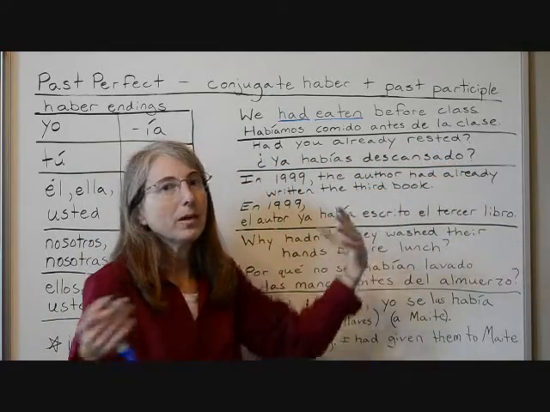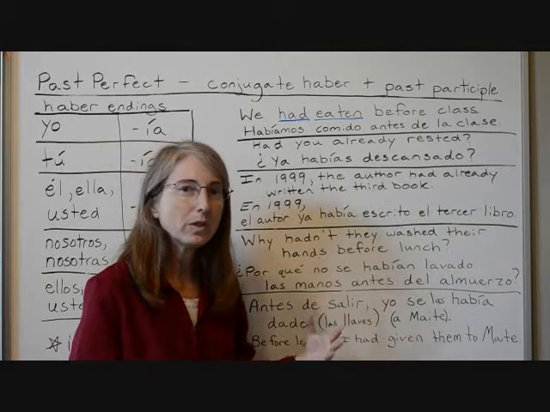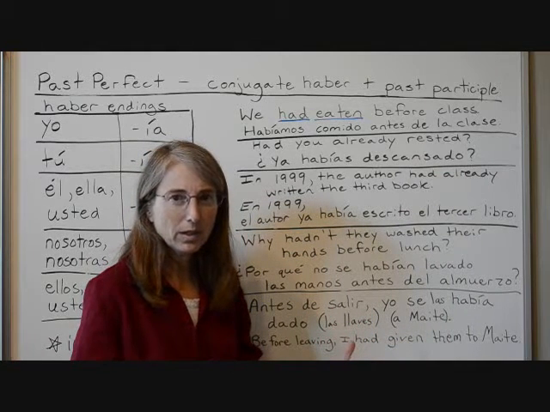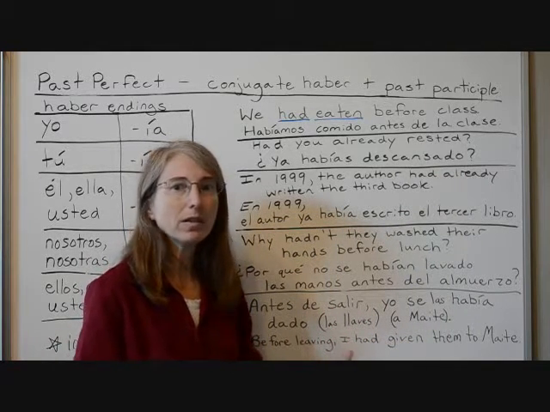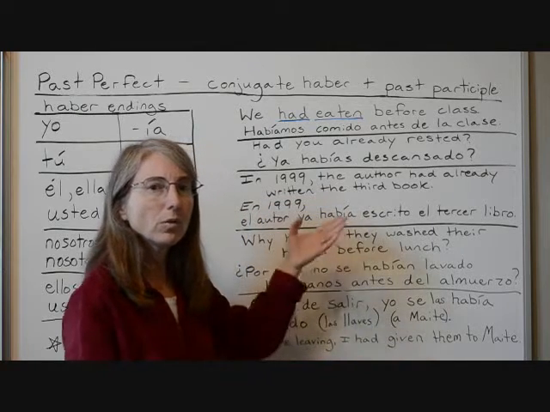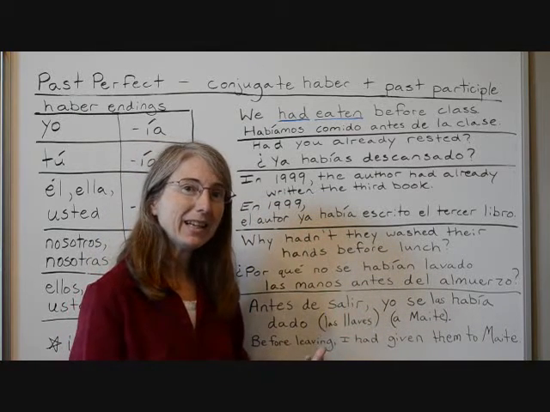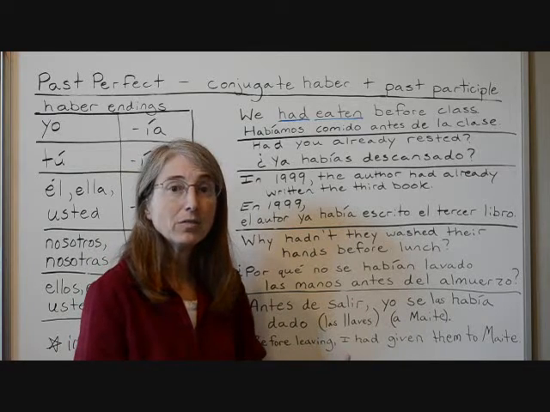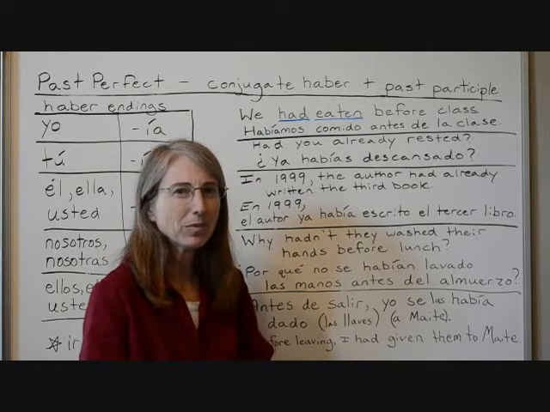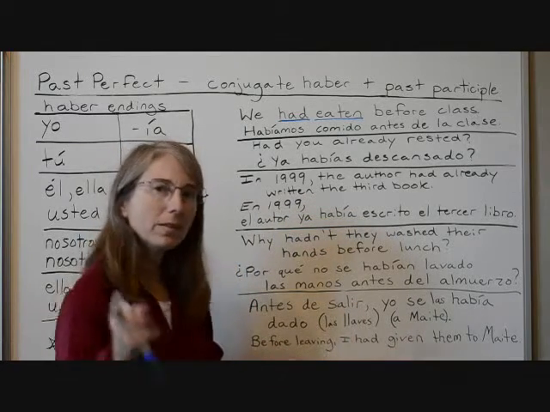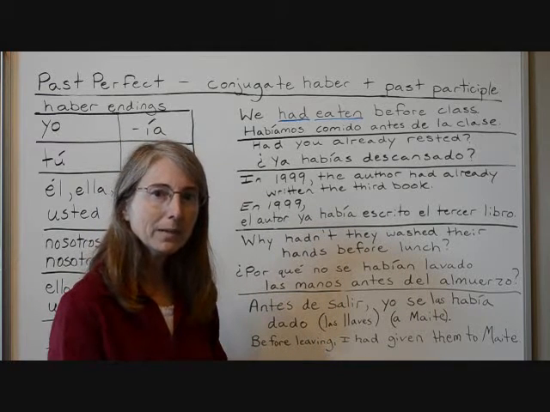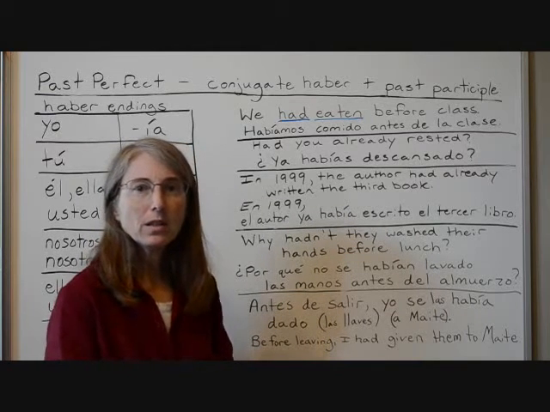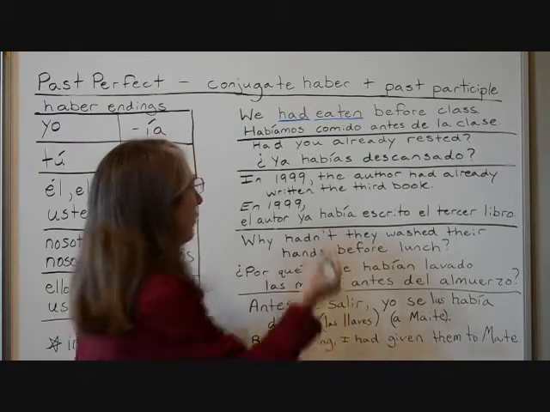Maybe we're talking about somebody who was getting ready to run a race, and you're asking, had they already rested before they ran the race? So the word already can indicate the need for the past perfect tense. But the thing is in English, that word already can come between the had and then the past participle.